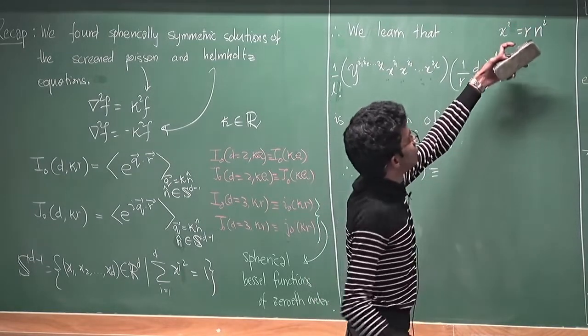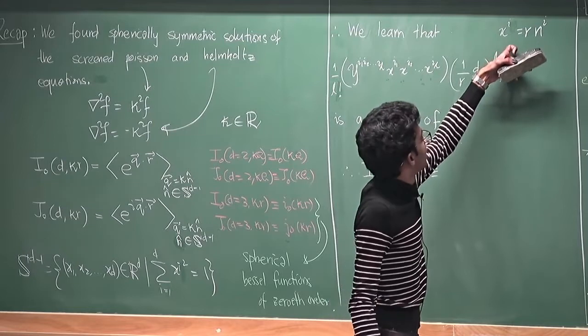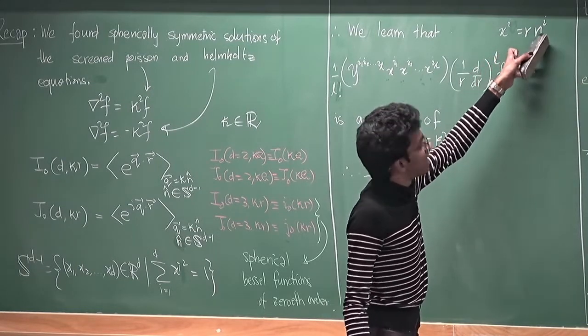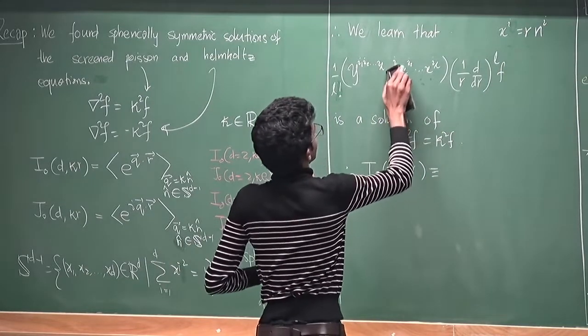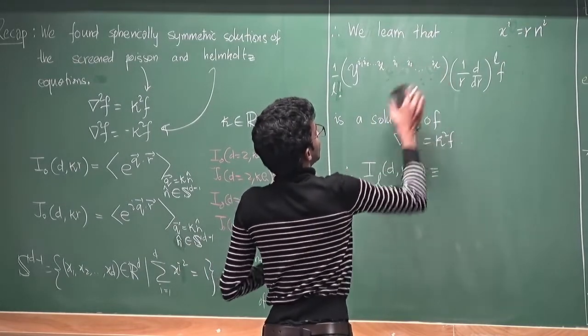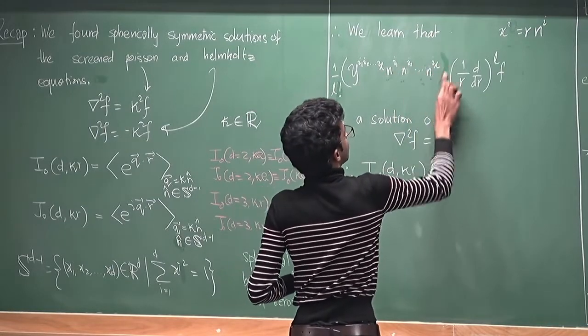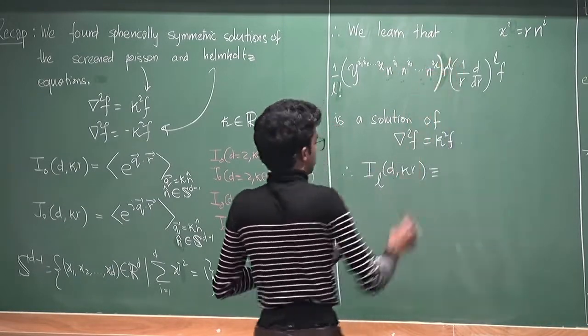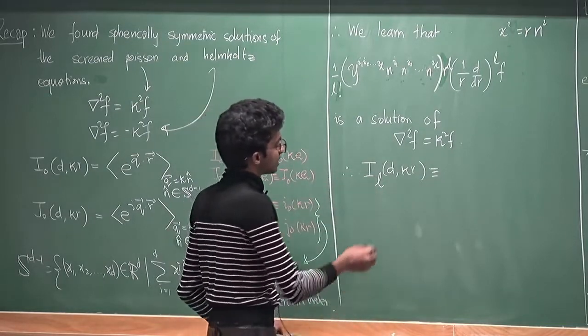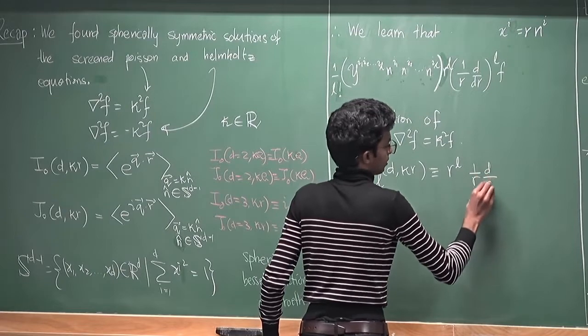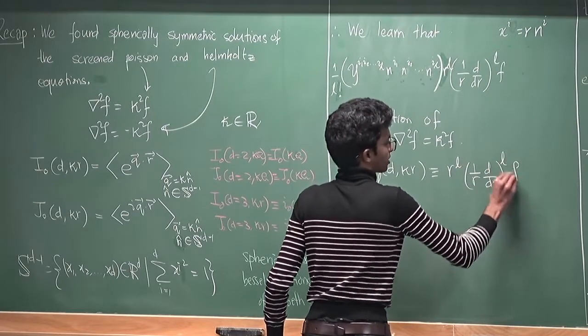By which I mean if it was x in 2D, x is just r cos theta or rho cos theta. So I want to take the rho out, and n_i will have that cos theta. Okay, so let me write all these as n. I just want to show you what people usually call the Bessel function, right? So I_L is just r^L (1/r d/dr)^L acting on I_0.